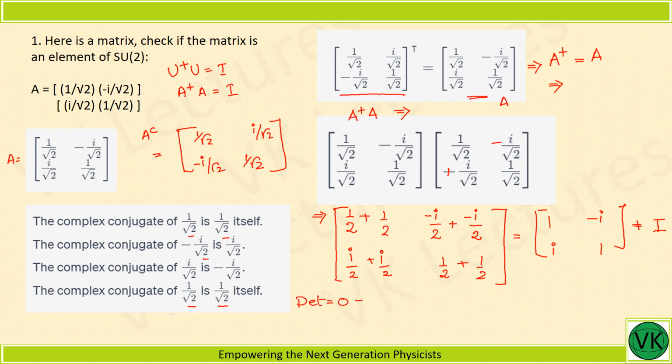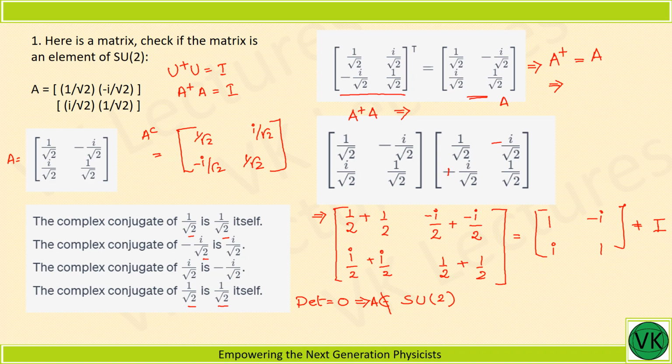From here itself we can say that our matrix A is not an element of SU(2) because the determinant is equal to 0.